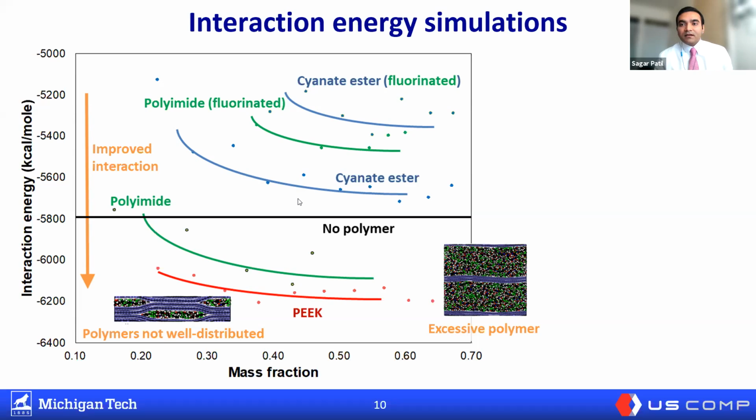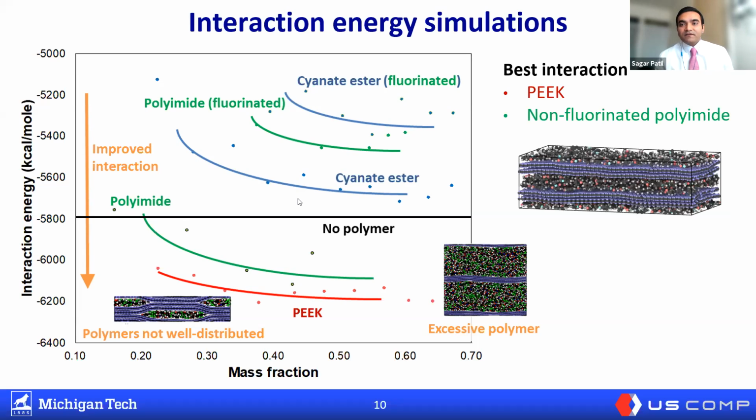So the main takeaway from this graph is that PEEK and non-fluorinated polyimides offer better interaction. That is simply because they have the ability to align flat with the nanotube surface, and therefore there's a better interaction within the stiff aromatic backbone that they have.